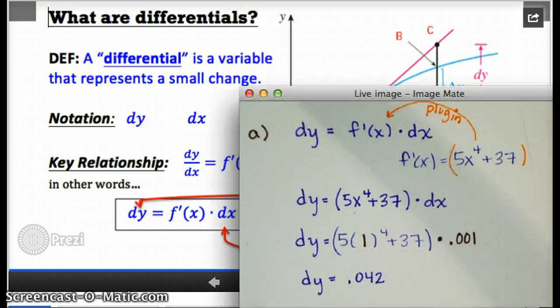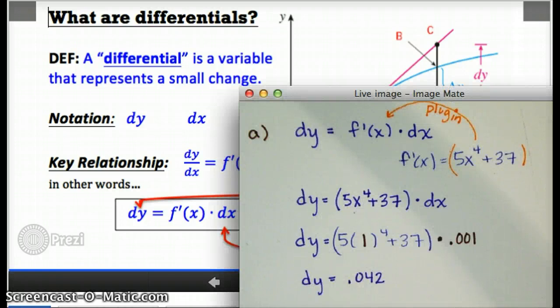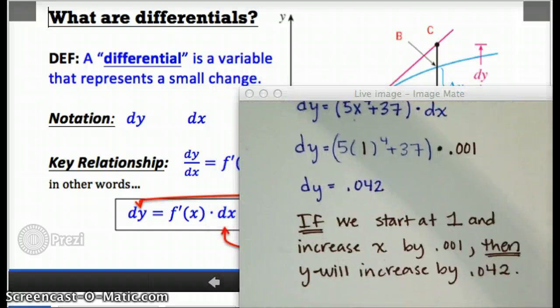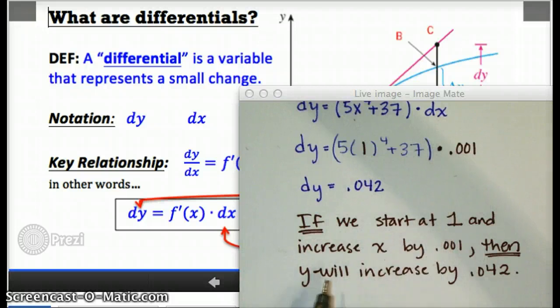And that number is related to the x value and the dx because the x value tells you where we're starting and the dx how you're changing the x value. Can you try putting that together in a sentence? If the question was, what's the meaning of this differential? How could you explain it? You might say something like, if we start at 1 and increase x by 0.001, then y will increase by 0.042. This number is telling me how the y value will change.